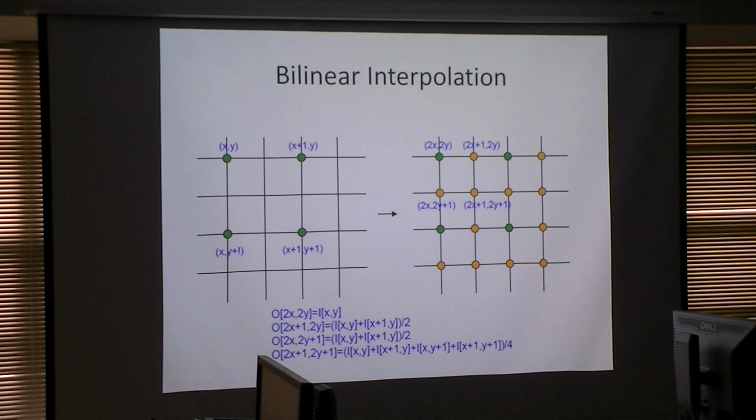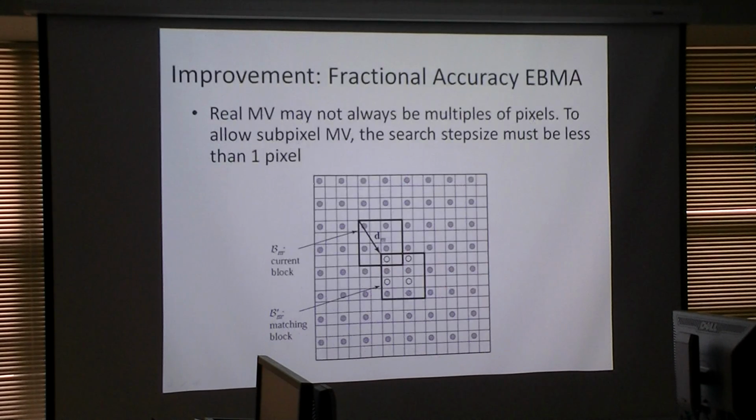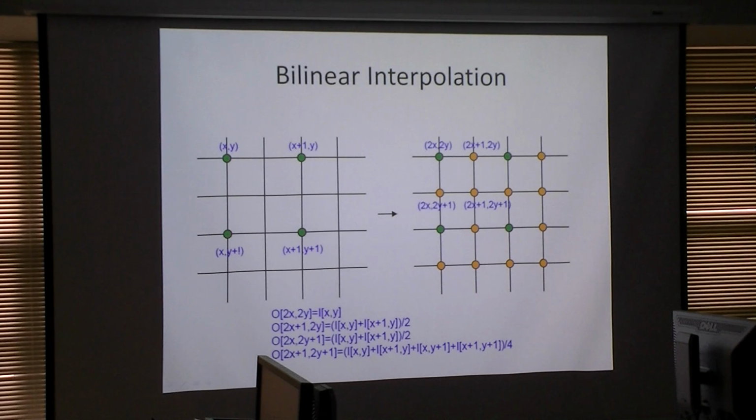So this is the pre-processing before the frame interpolation. Because traditionally you can use integer pixel step size, right? If you want to use half pixel step size, you should interpolate your original image from n by n to 2n by 2n.